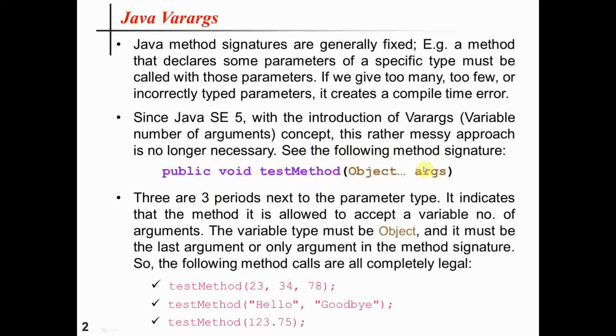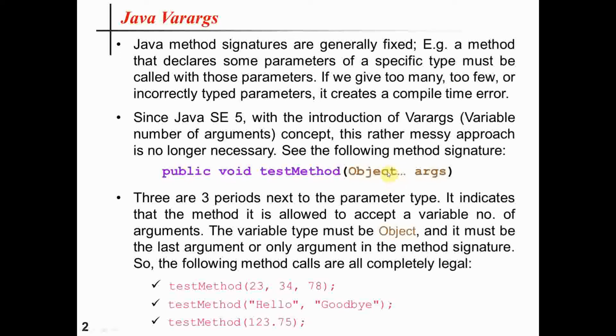This method signature indicates that the method allows a variable number of arguments, and they must be of type Object, and they also must be the last argument or the only argument. Here in this example it is the only argument in the method signature.